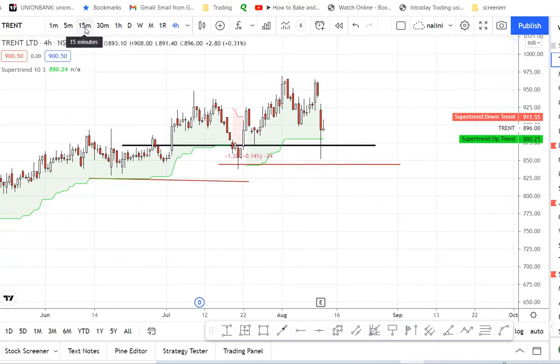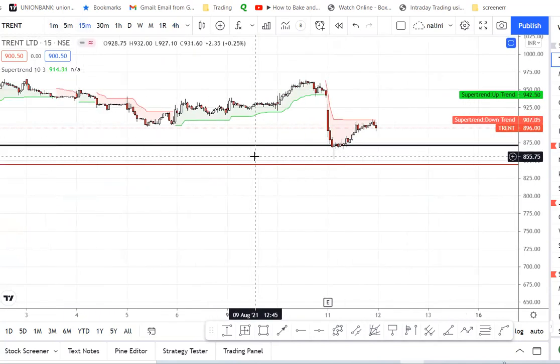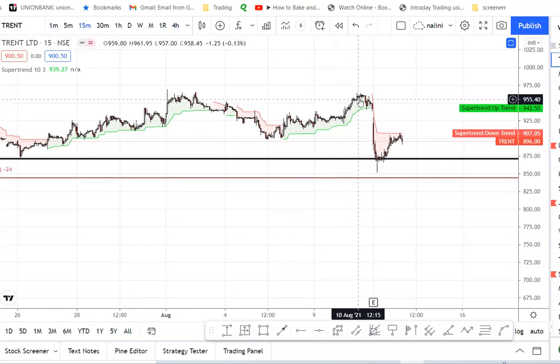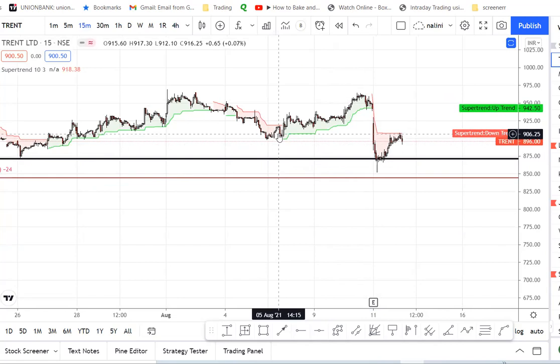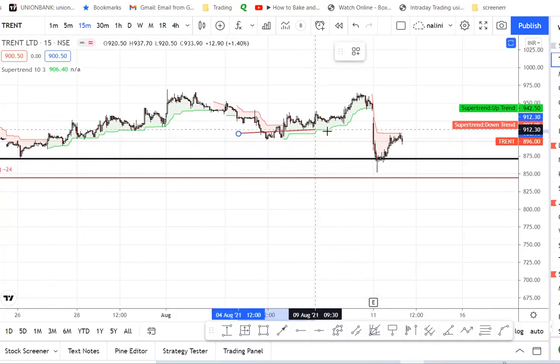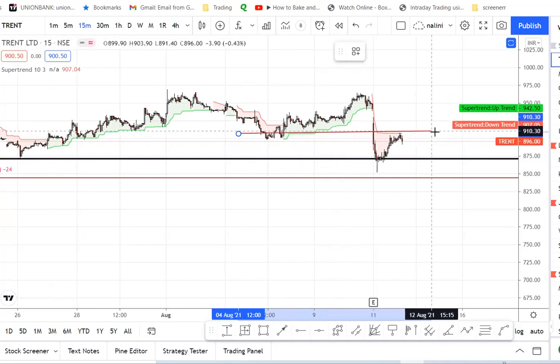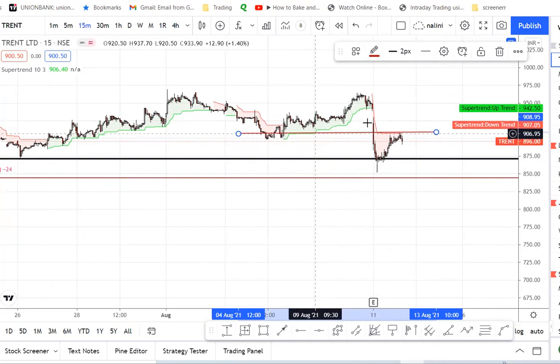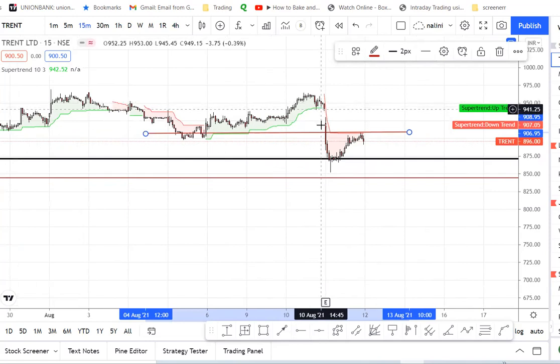Even in the intraday also, see, when it started falling down, this is the flip zone. This red area had become flat, and also this green area and this red area. After price has fallen this much, the super trend started moving sideways.